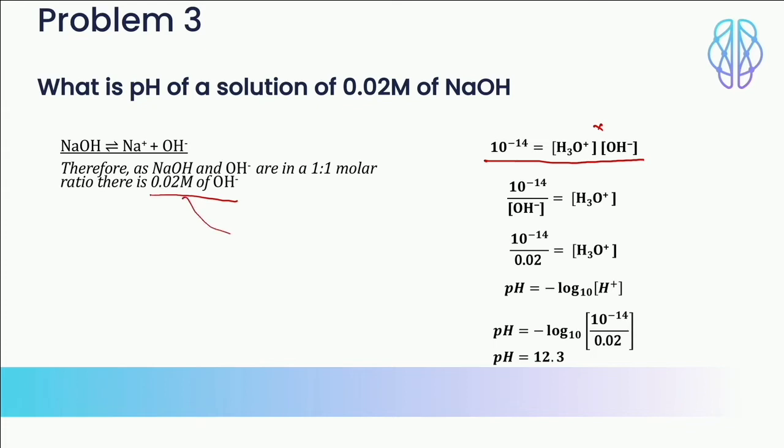We have the concentration of hydroxide, which we know is 0.02. Hence, the concentration of H3O plus equals 10 to the power of minus 14 divided by 0.02. Now that we have this, we can work out the pH, as is required in the original question.